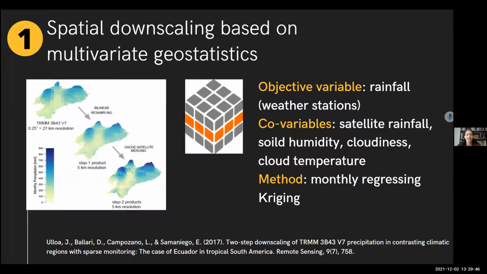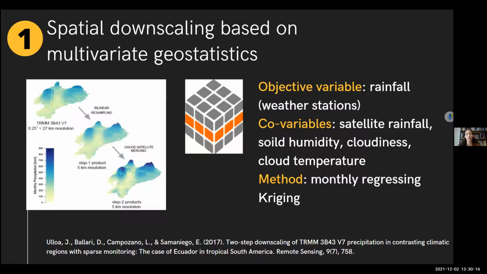Even if that is very important information for us, we know that we have a shorter spatial variability, or an intrapixel variability. So we wanted to have a more spatially detailed image. So we made this downscaling from 27 kilometers to 5 kilometers using other types of information.